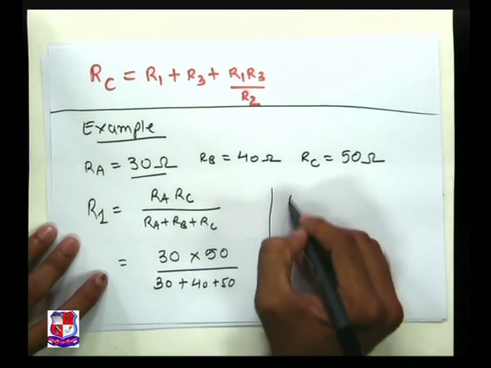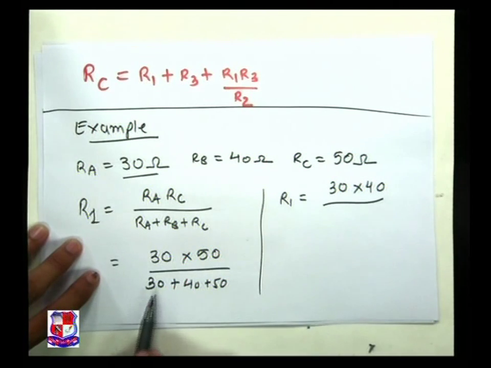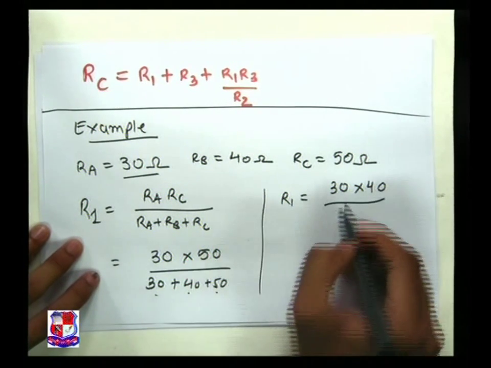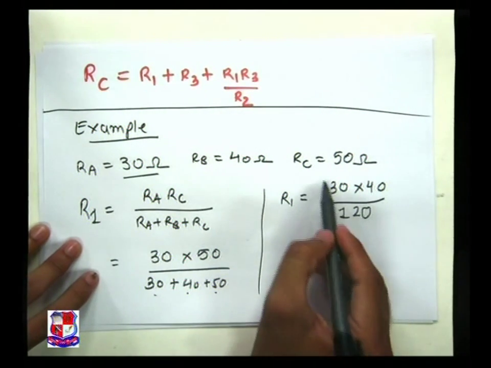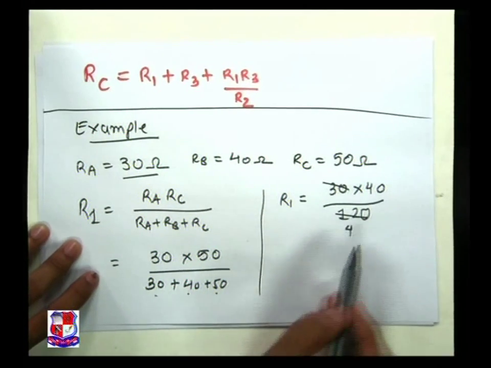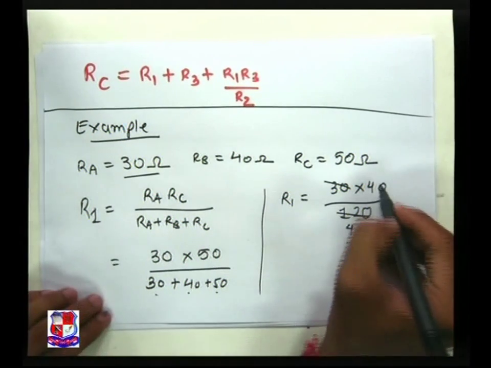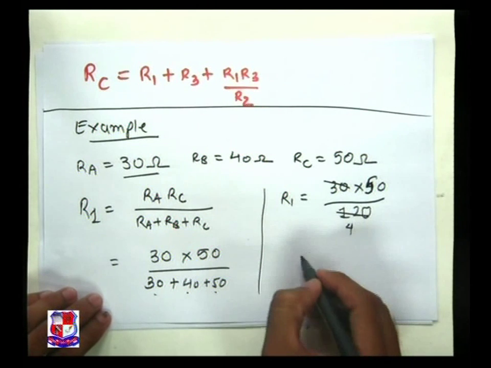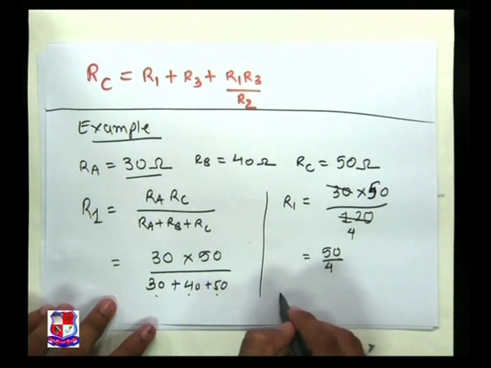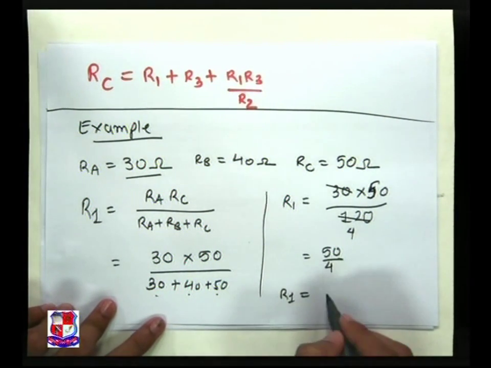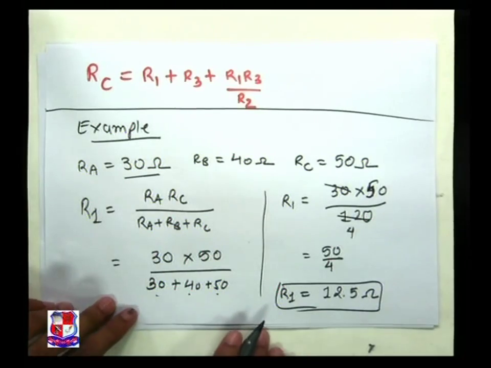So we get R1 equal to 30 into 50, and in the denominator 30 plus 40 is 70, and 70 plus 50 gives 120. Now we cancel: the zero cancels, 3 4s are 12, and here we have 50 divided by 4, which gives 12.5 ohm. The first resistance is 12.5 ohm.